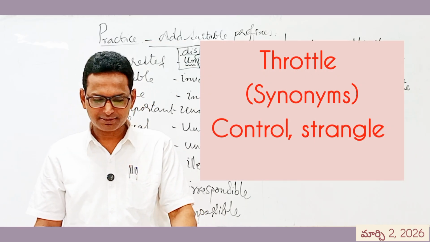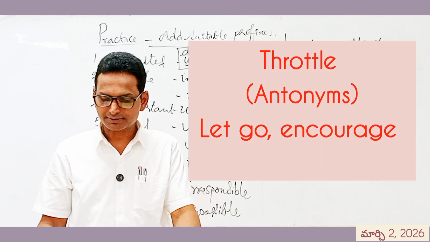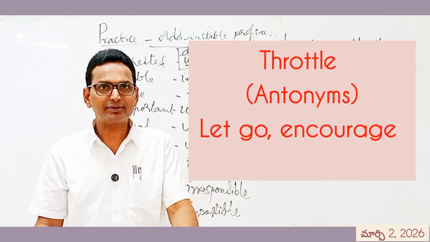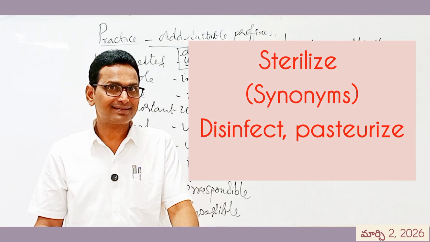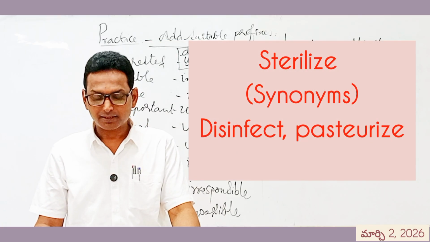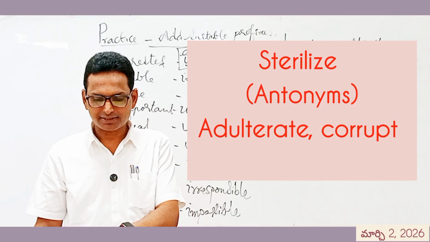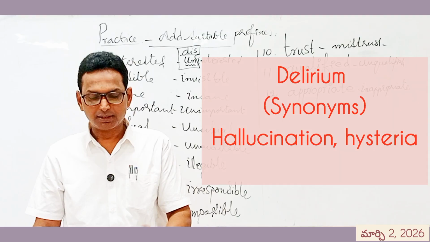Throttle. Synonyms: control, strangle. Antonyms: let go, encourage. Sterilize. Synonyms: disinfect, pasteurize. Antonyms: adulterate, corrupt.